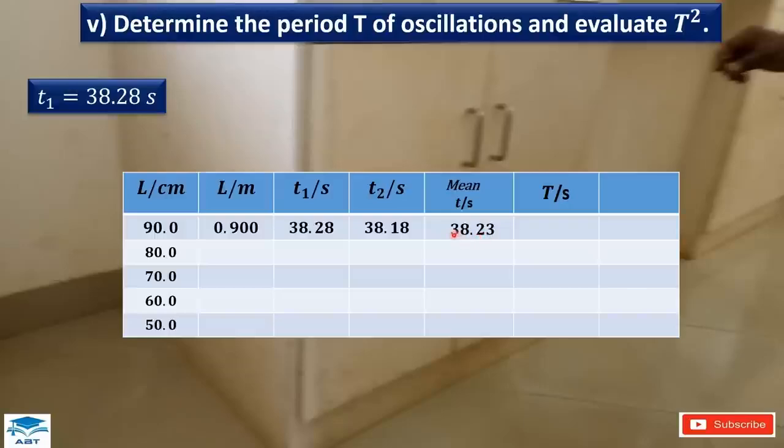So when we divide the mean time or the average time by 20, we have the period. So 38.23 divided by 20 will give us 1.91, and we square the period, and the unit will be seconds squared. So 1.91 squared is 3.65.